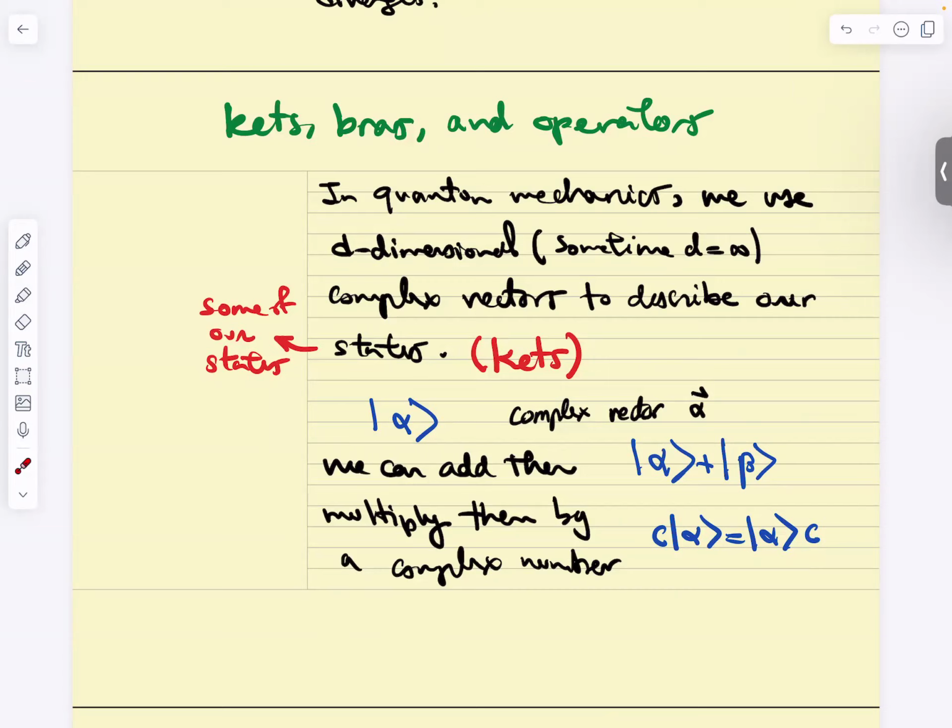So now we're going to start lecture 2. That was so far a review of lecture 1. In lecture 2, we're going to talk about kets, bras, and operators.